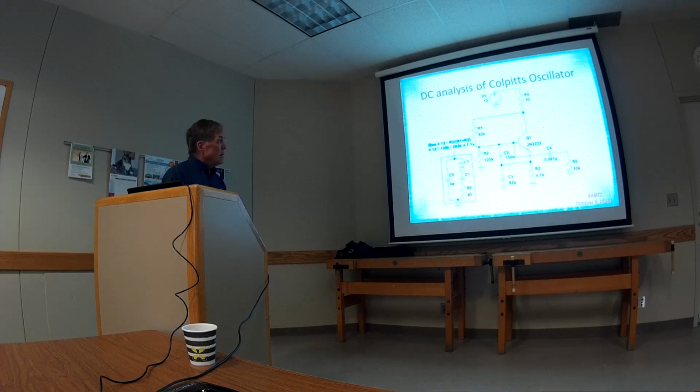So now, how do you want to set up the bias of this thing? The first thing I did is I disconnected the wire to the crystal, because I wanted to see what the DC view of it looks like. And the bias here is set up with 12 volts coming down, this 10 ohm is virtually, I don't care. And so really you have 82K and 120K with 12 volts on the top.